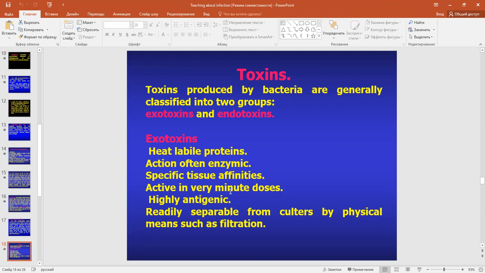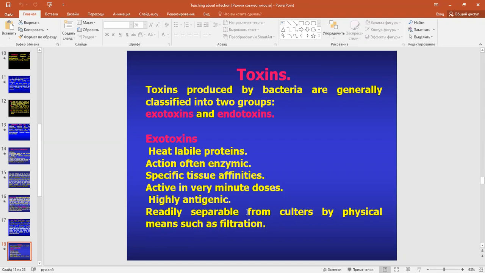They are named so because they have specific tissue affinity. They are active in very minute doses; they are very, very toxic and highly antigenic. They are recognized by the immune system, and specific antibodies named antitoxins are produced. Of course, they are detected in toxinemic infections and are readily separable from the cultures by physical means such as filtration.